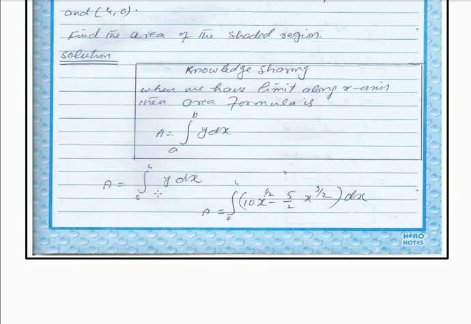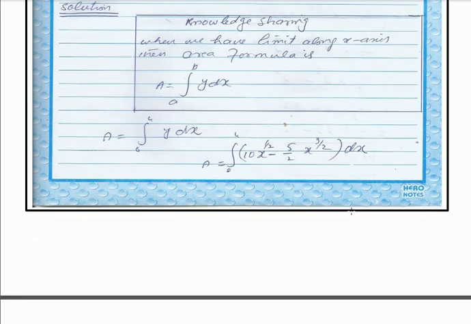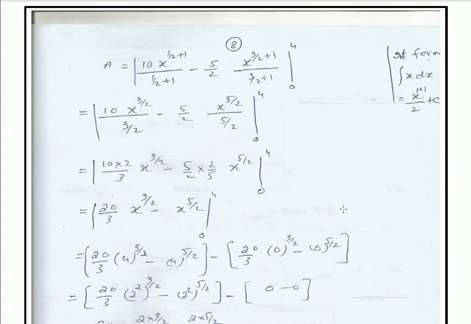So in this case, our limit is from 0 to 4 of y dx, and the value of y is 10x^(1/2) minus (5/2)x^(3/2) dx. Now we shall integrate. We know that from the formula for x^n dx, we add 1 to the power and write the same power in the denominator, plus c, the constant of integration.